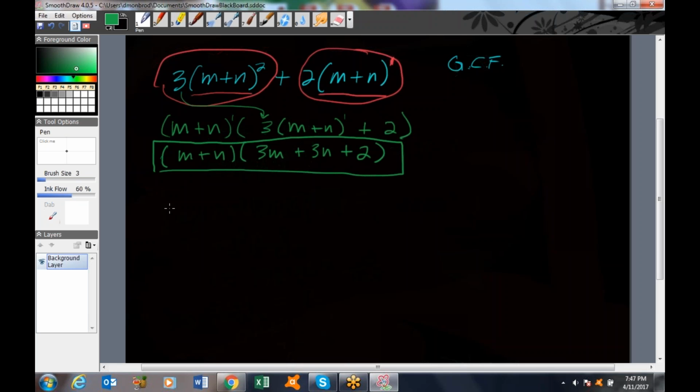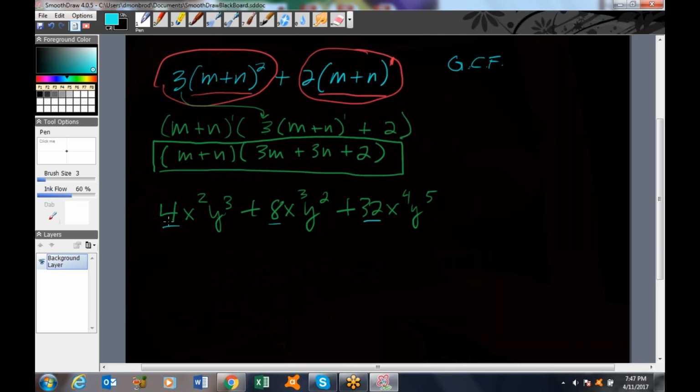Okay, problem 2 starts off this way. So we scan across, and the coefficients we look at first, 4, 8, and 32.